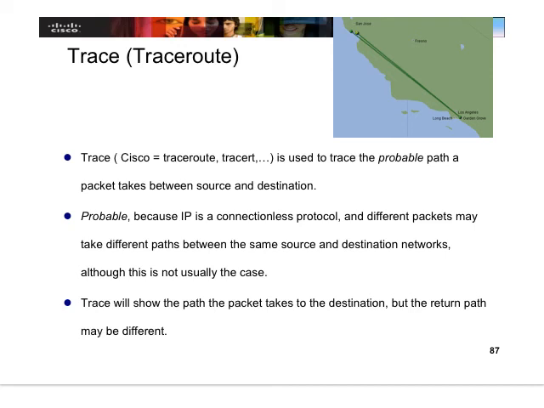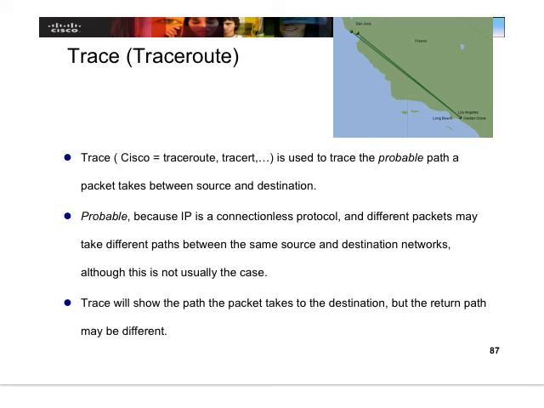Since we don't have any connection, the traceroute requests may take different routes at any point in time. So that's something that you need to keep in mind. Traceroute traces the possible route at this point in time. Maybe if you send another traceroute after 2 hours, 3 hours, it may take another route altogether.